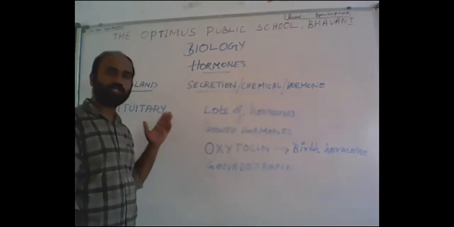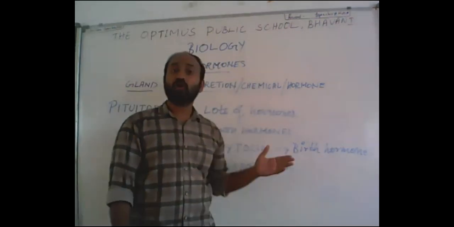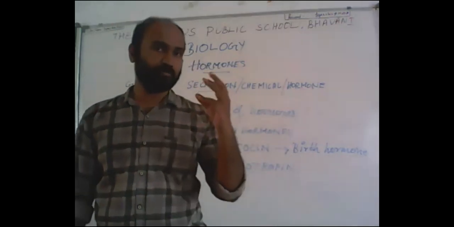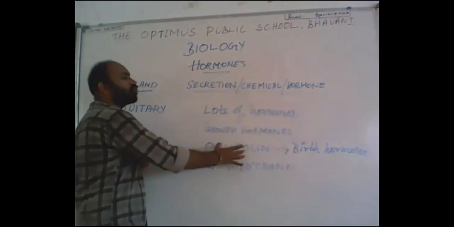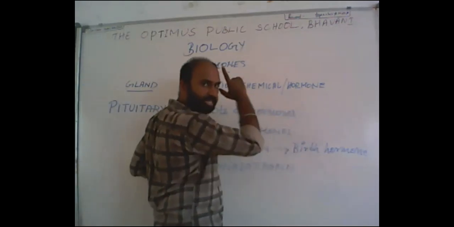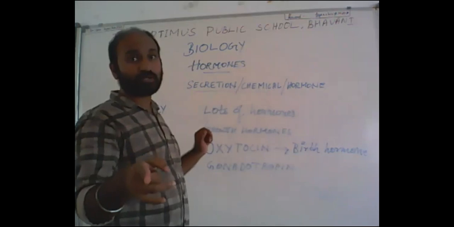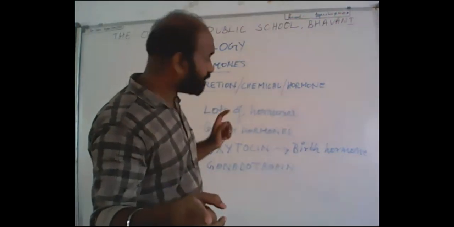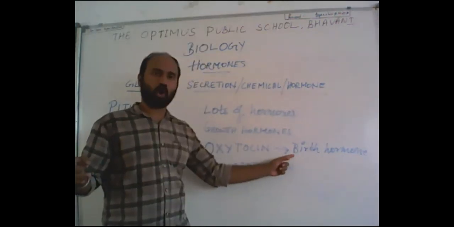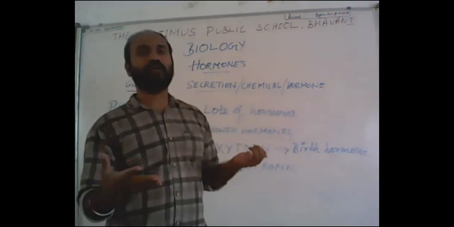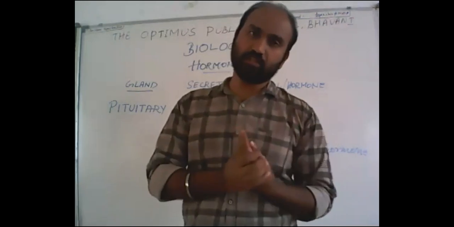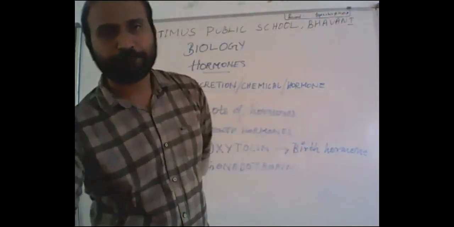Because it is related to the birth of the baby as well as the activation of the mammary gland, it's called the birth hormone, just like melatonin was called the hormone of darkness. Then gonadotropin, I told you, activates other glands in the body, especially your reproductive glands.